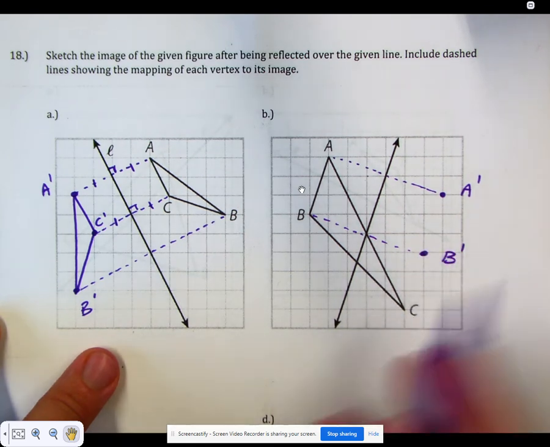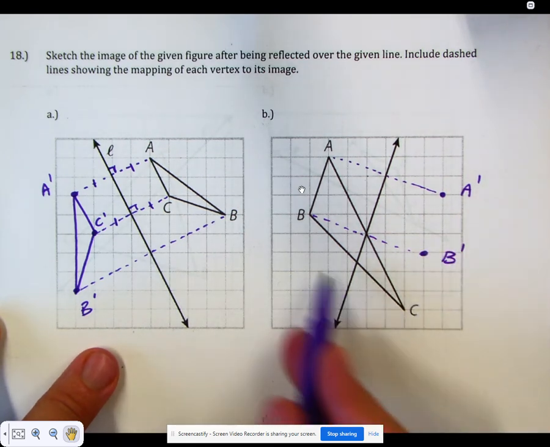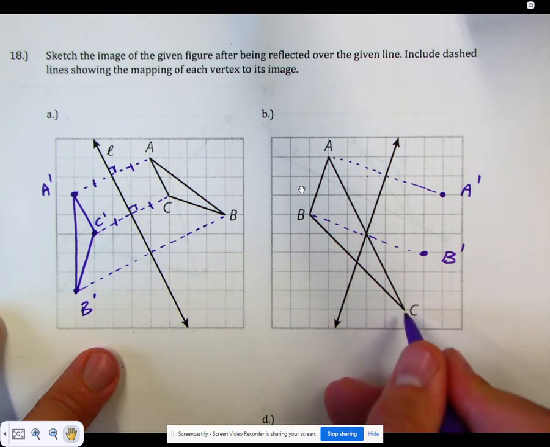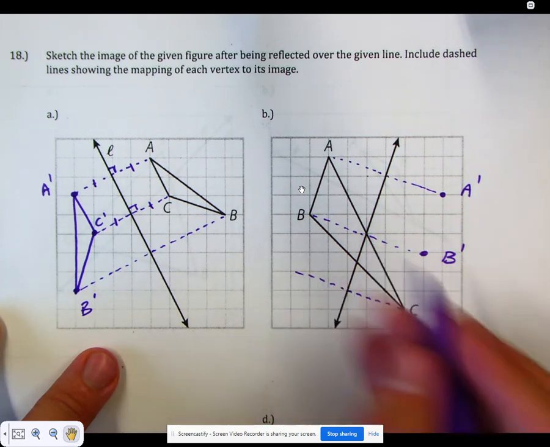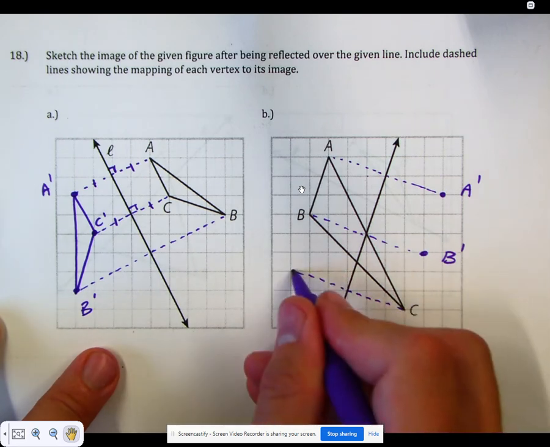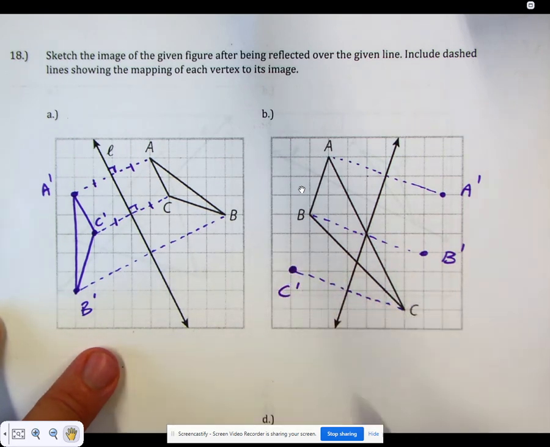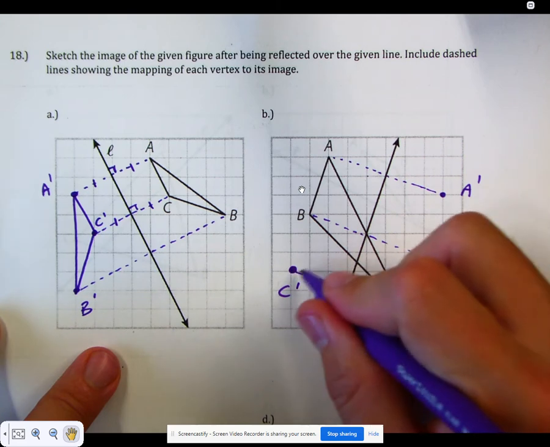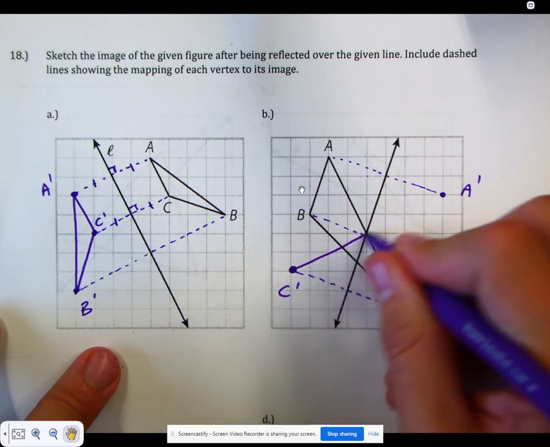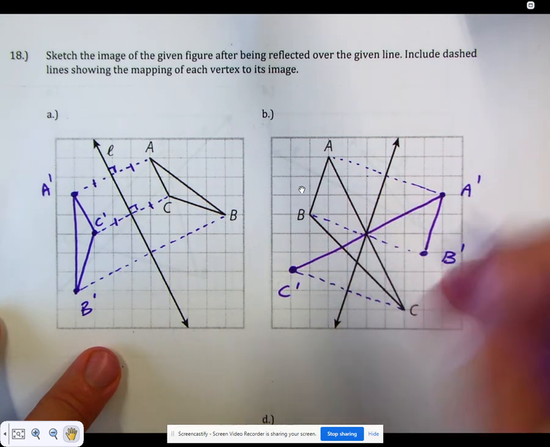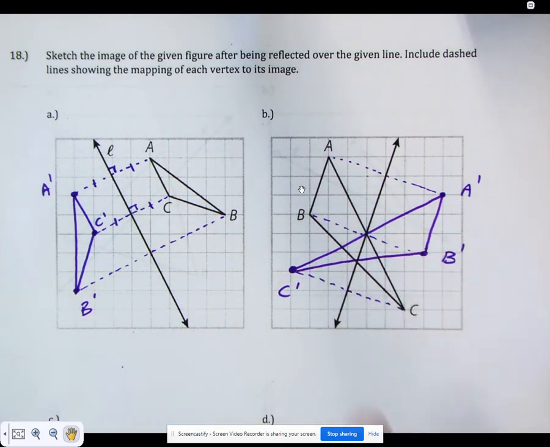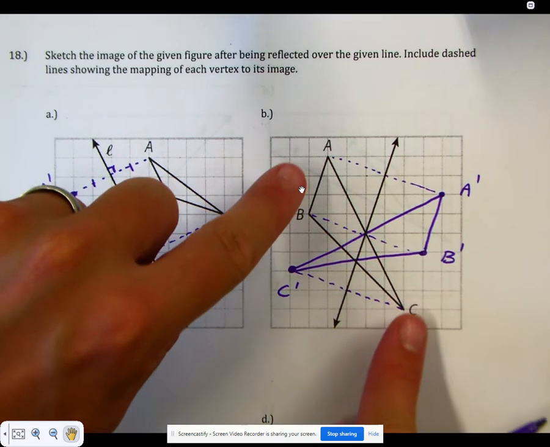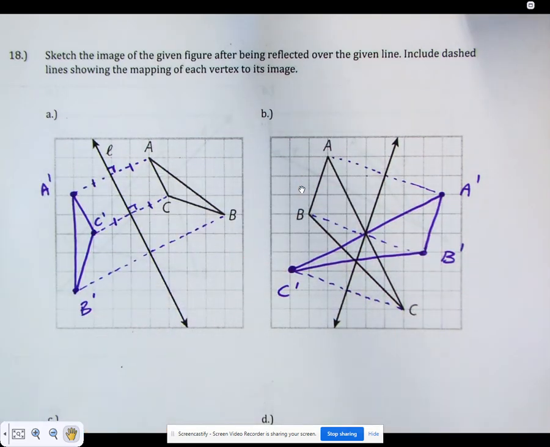B prime. Now C is on this side, so we have to just reflect over to that side. Again, follow a slope of negative 1/3, and there's C prime. So you get this kind of neat looking reflection. So hopefully you can visualize that flipping over the line and reflecting.